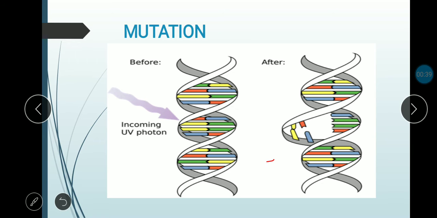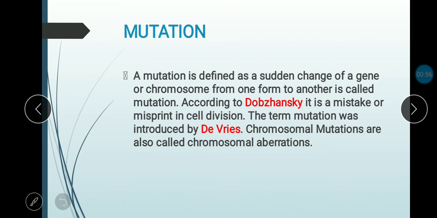Before, the normal chromosome is there, and after changing due to the mutagenic agent, the change takes place in genetic material. Mutation is defined as a sudden change of a gene or chromosome from one form to another.